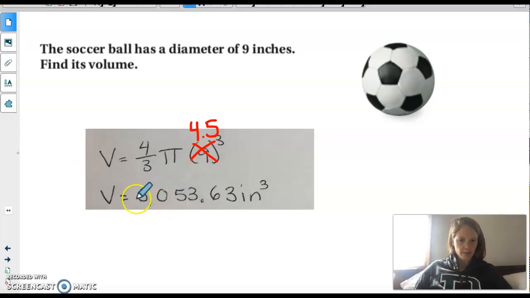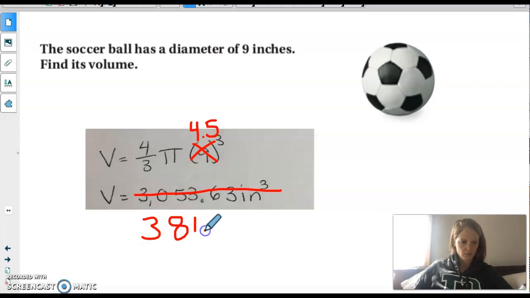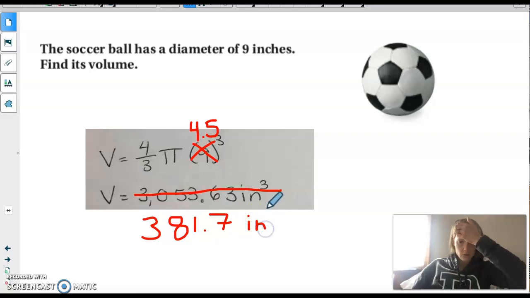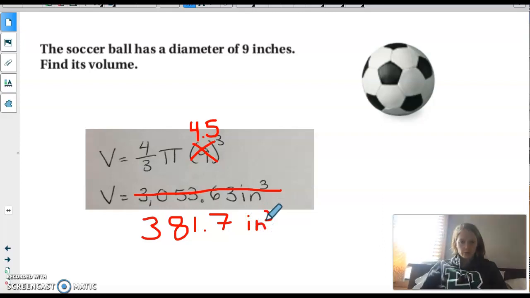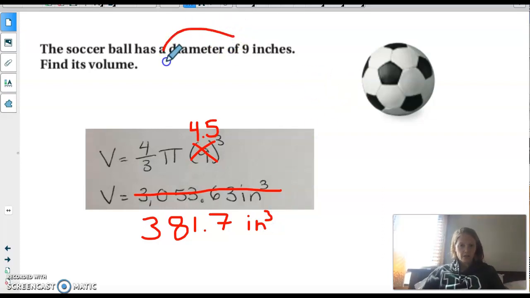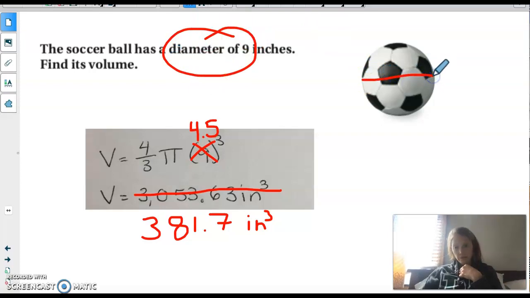So this actually ends up being 381.7. And it's still inches cubed. But you can see that while these problems are pretty straightforward, you do have to pay attention to what you're given in the problem. So the diameter is 9 inches. The diameter is this distance, not the radius, right? And so if the formula wants you to use the radius, make sure you use the radius.